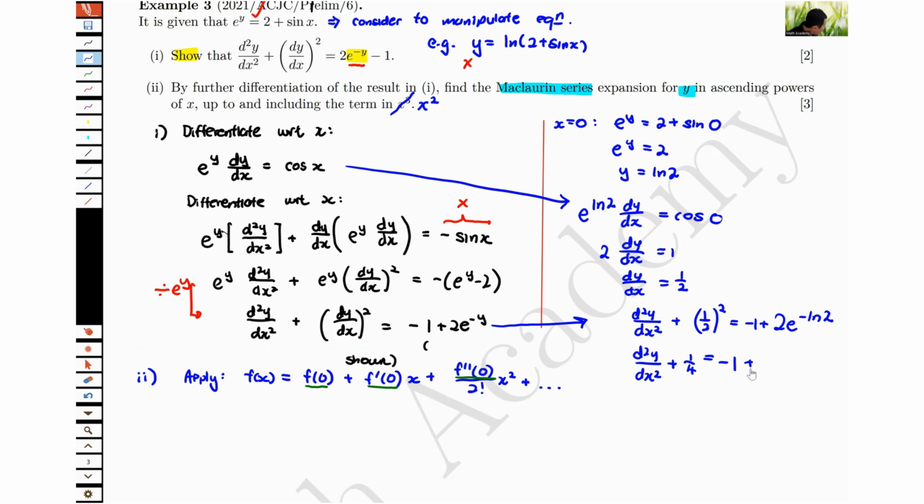I would like to be extra careful with the e and ln. If you have any coefficients appearing such as this negative, you should move it to the power first before you simplify. So it should look like ln 2 power negative 1. Okay, move the negative or any coefficient to the power of the log first.